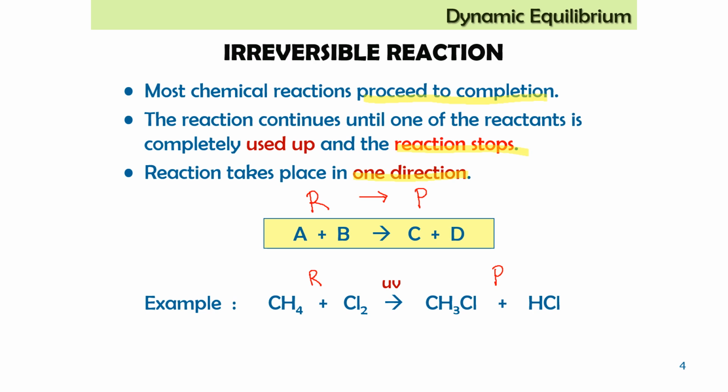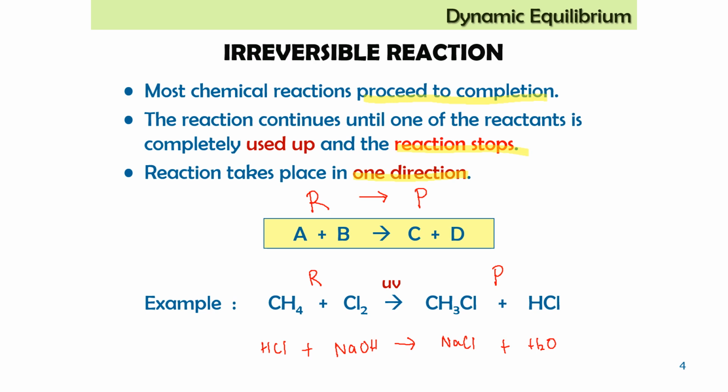And another example is you have HCl plus base now. So kamu akan dapat NaCl plus water. So this is also an example of irreversible reaction. So reaction tu hanya berlaku dalam satu arah saja daripada reactant, habis dan akan menghasilkan produk.